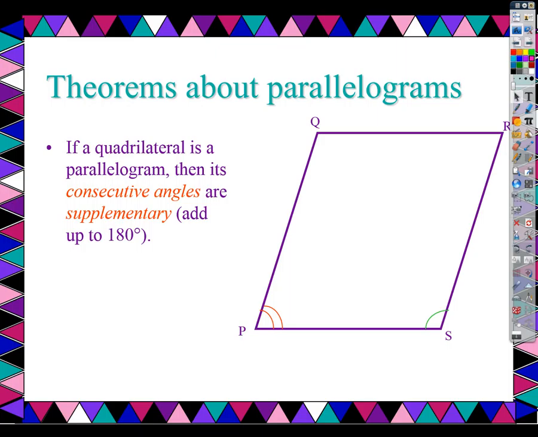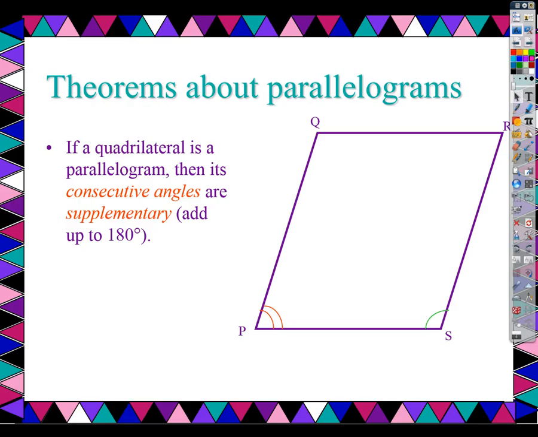One after another, or in a row, right? So consecutive angles are supplementary. If I'm moving around the outside of the parallelogram, any 2 angles that I encounter in a row are guaranteed to be supplementary.